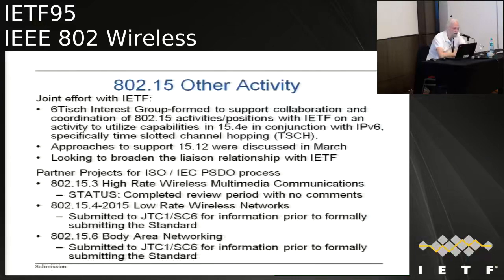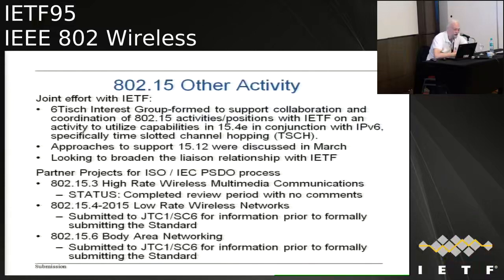And lastly, I want to mention that IEEE Wireless has a relationship with ISO, and there's this process called Partner SDO. And so there's, I don't know how this goes, maybe if you want to say something about it, Pat, but basically we can propose that ISO adopt IEEE standards to be of equal force as other ISO standards.